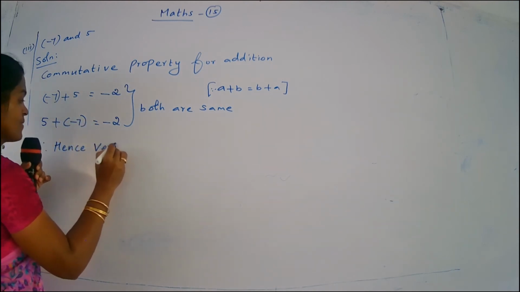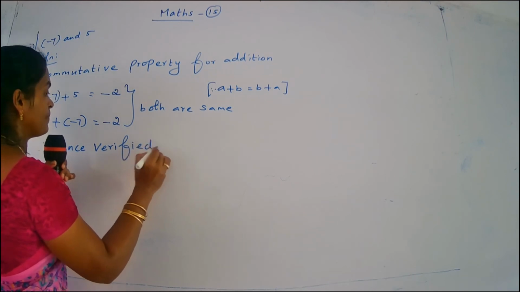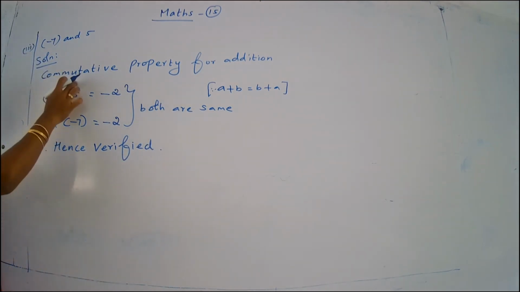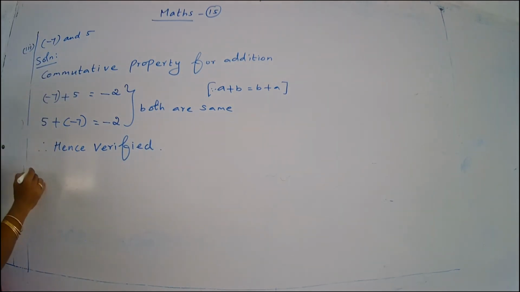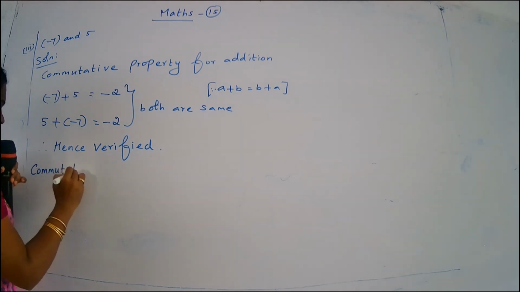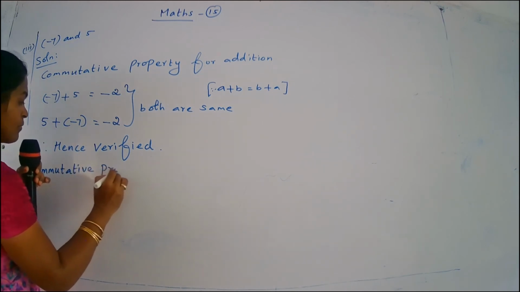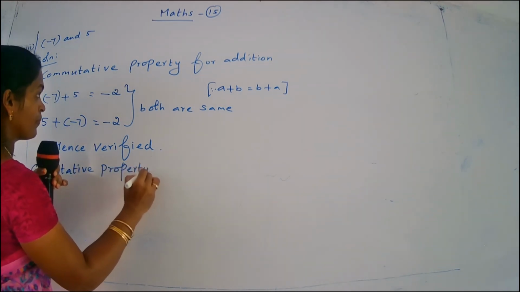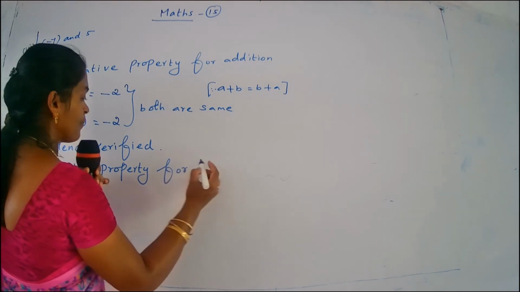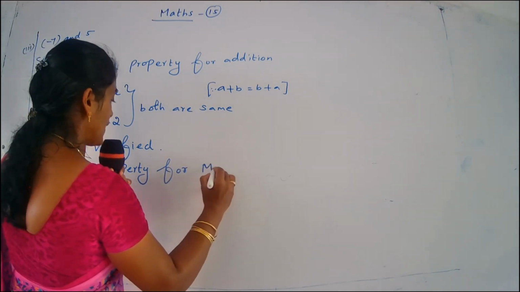Hence verified. Now second, commutative property for multiplication. You check this property for multiplication.